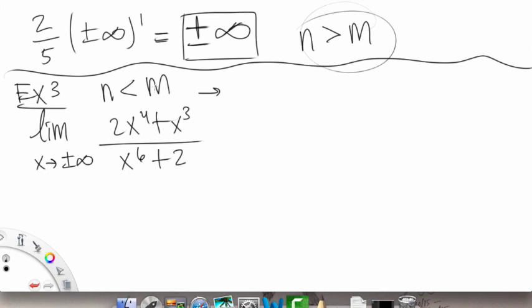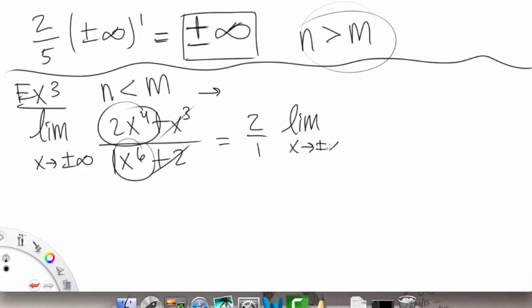Let's see what happens here. The leading term on the top is 2x to the fourth, and x to the third goes away. The leading term on the bottom is x to the sixth, and the 2 goes away. So we pull out a 2 and a 1, 2 over 1, multiplied times the limit as x goes to plus or minus infinity of x to the 4 minus 6.